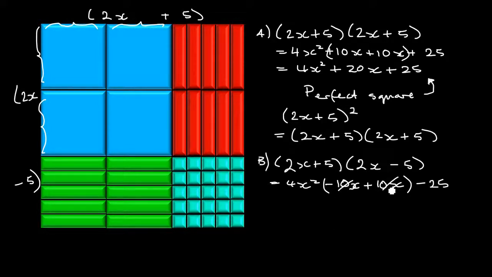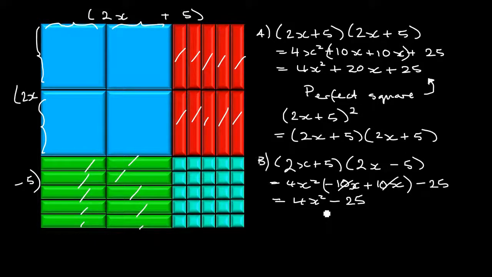So these are a zero pair. All of these x's are going to disappear because they're cancelled by these negative x's here. And so you're just going to end up with these squares here. If we now remove that middle term because it's cancelled, we end up with 4x squared minus 25.